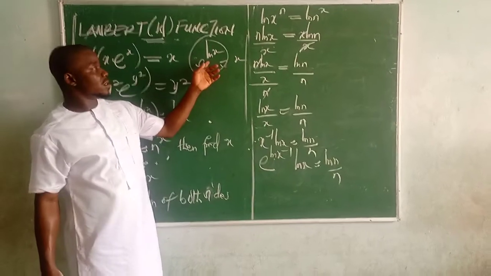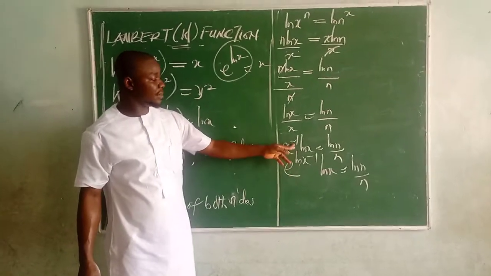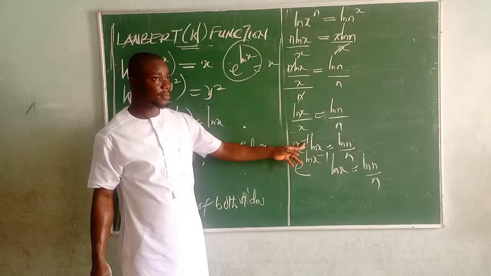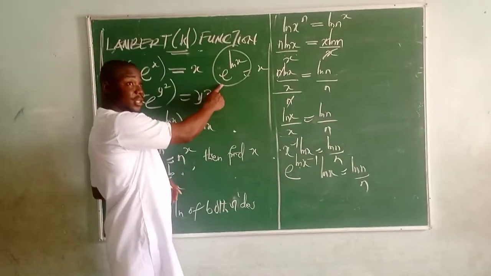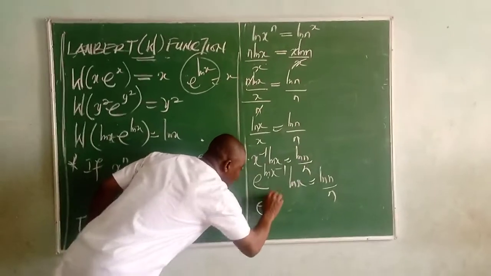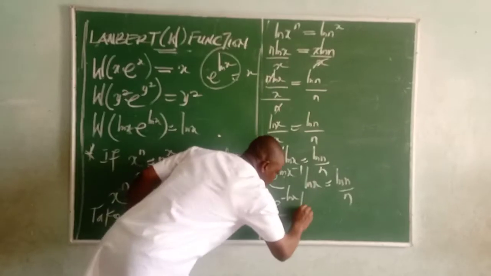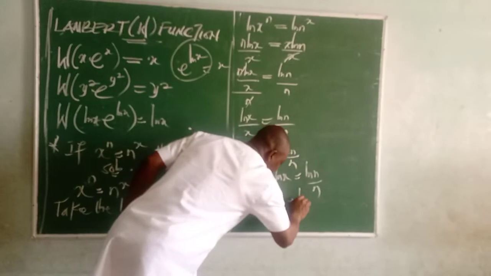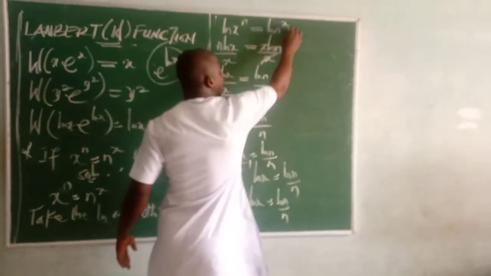Because if you follow this rule here, remember that this is still the same thing as x to the power minus 1. So take note of that. It's a law in logarithm. And then from here, this is the same thing as exponential minus ln x, then ln x equal to ln n all over n.